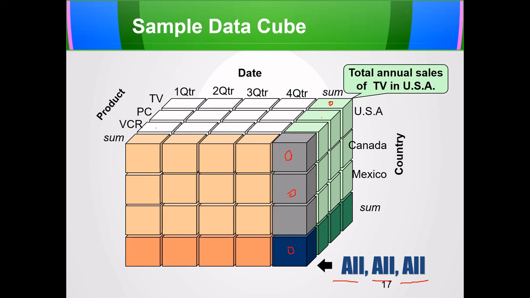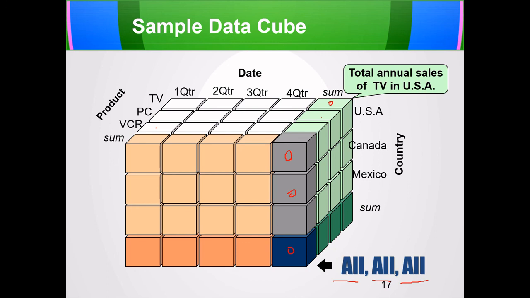Similarly, this will contain the sum of all the quarters, meaning the annual sale of all the products in the USA.